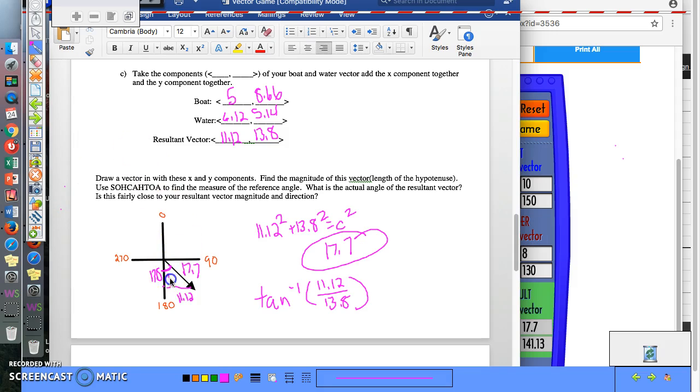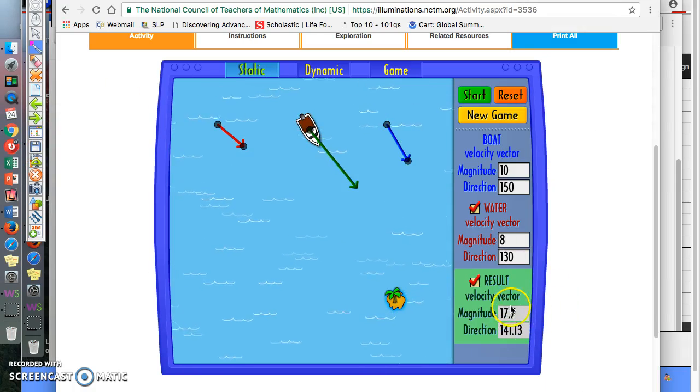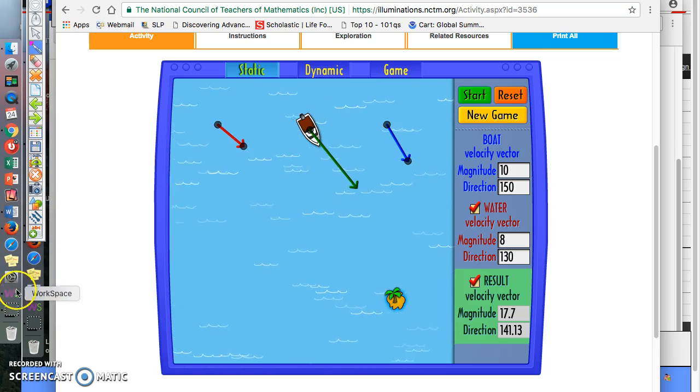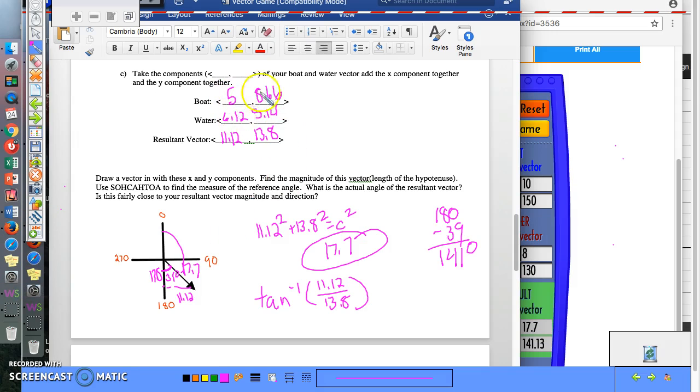If this is 39 degrees, what's our actual angle? Well, 180 minus 39, that's about 141. And if we look here, that's what we have for our resultant vector. So what we're really doing is finding what are called the components of our vectors and adding them together.